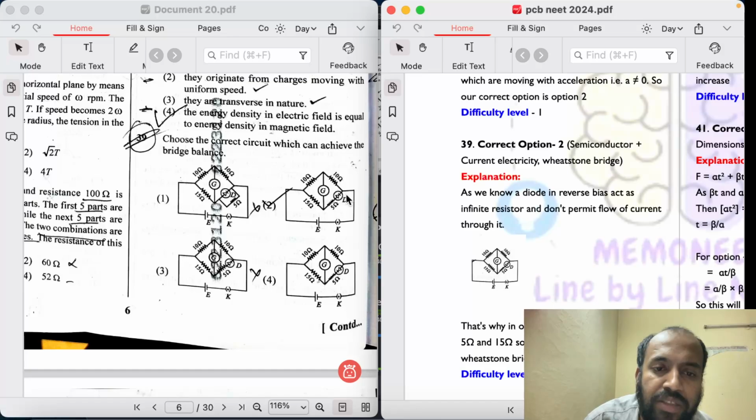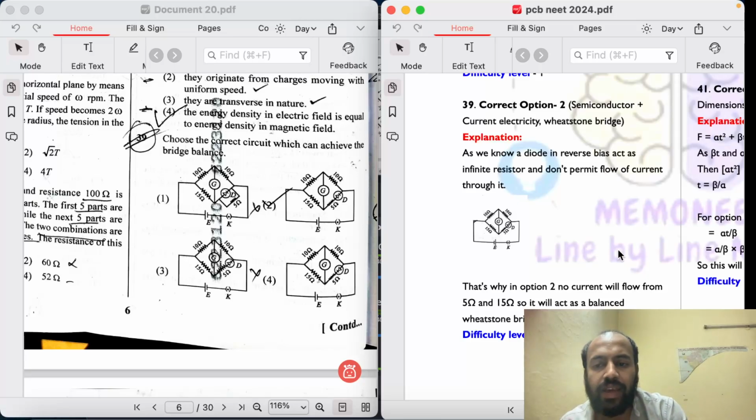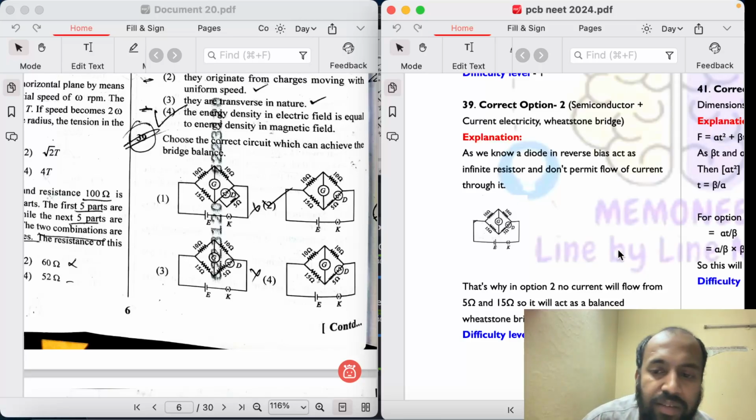So that means this diode is in reverse bias condition. If it is in the reverse bias condition, it does not allow any current to flow through it. That's why 15 and 5 will act as a balanced state in this Wheatstone bridge circuit.